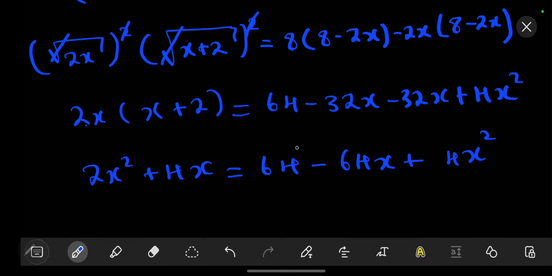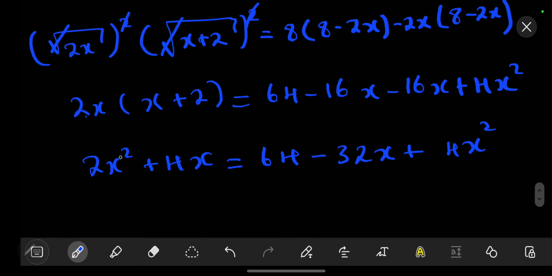Oh, sorry for this very terrible mistake. So we have 8 times 2 here, it will give us a negative 16. Then even here, negative 2x times 8, it will be negative 16, like that. So when we get that, we are going to get negative 16 minus 16 will give us negative 32, like that.